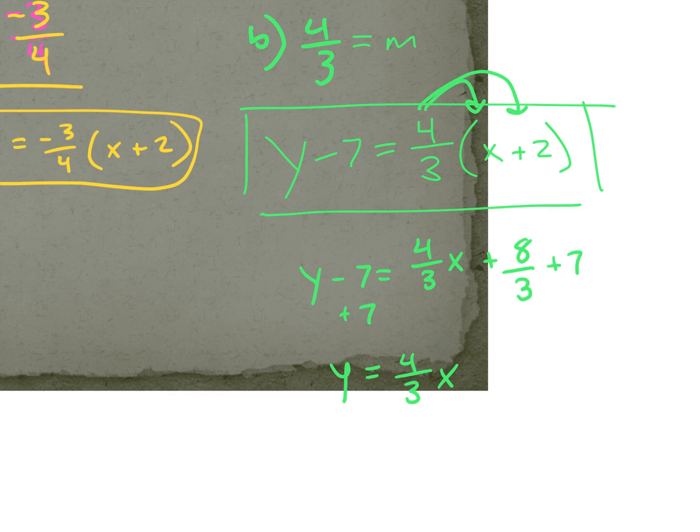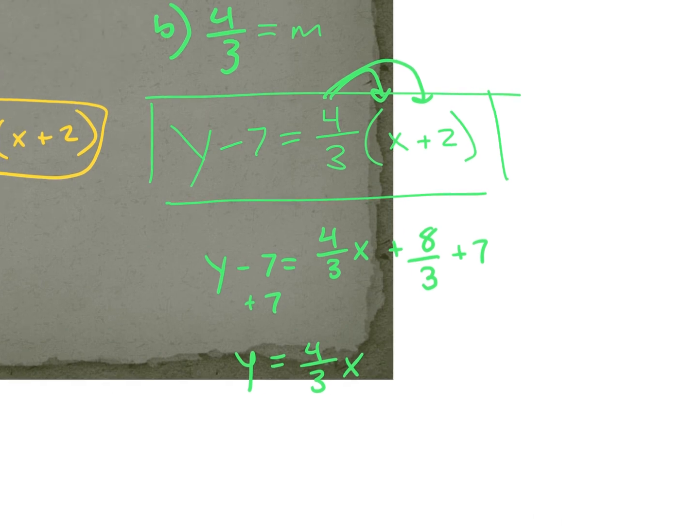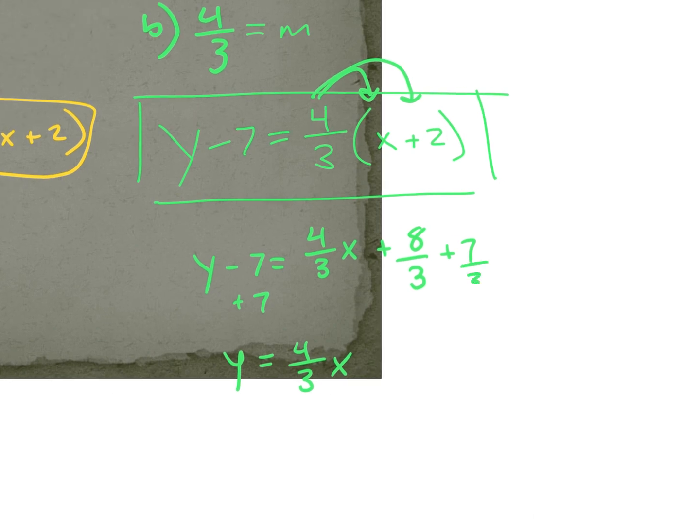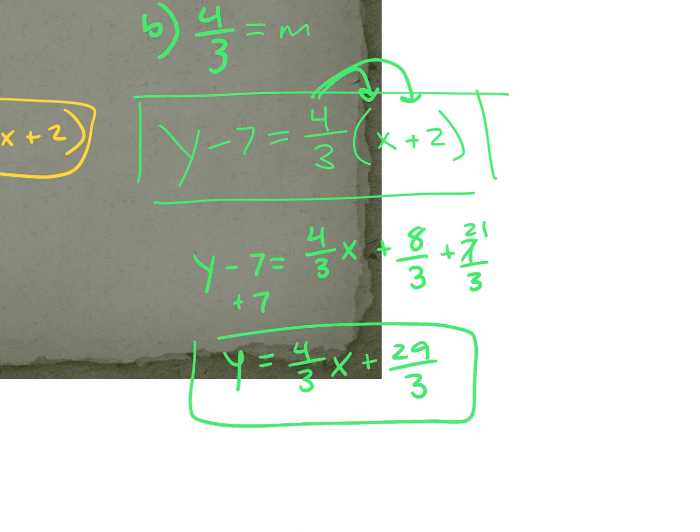And 8/3 plus 7, we would have to make this 21/3. So this would be plus 29/3. So this would be slope-intercept form, and this is point-slope form. So again, you can leave it either way, unless the question's specific and says, write the equation of a line in slope-intercept form.